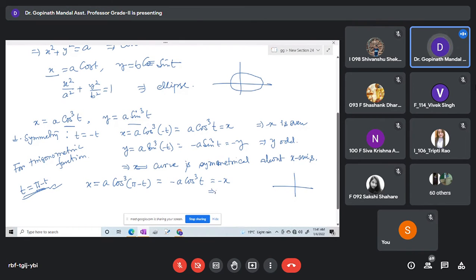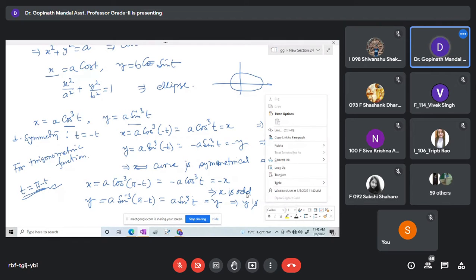In that case x is odd, and y equal to a sin cube of pi minus t, and in the second quadrant sine is positive, so this is a sin cube t, so y is even.